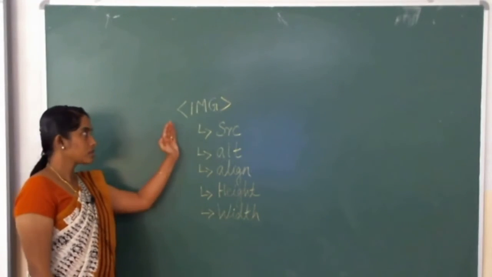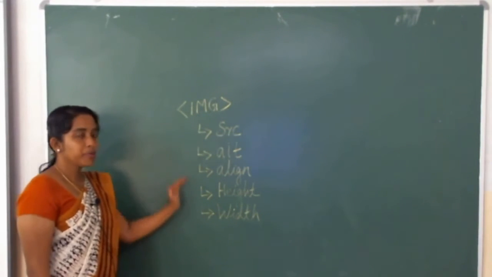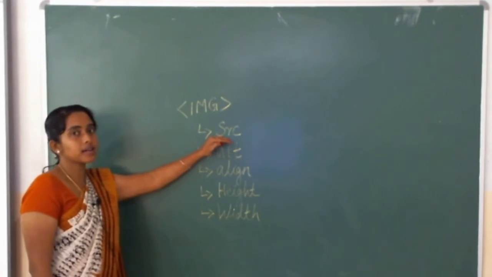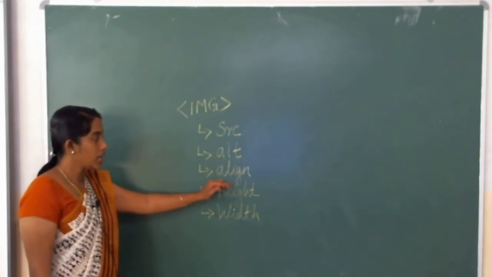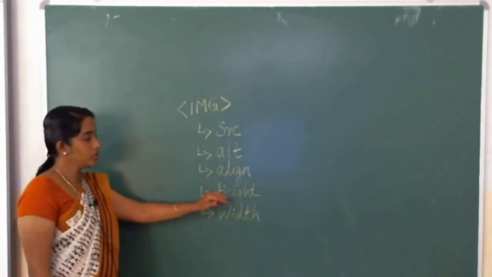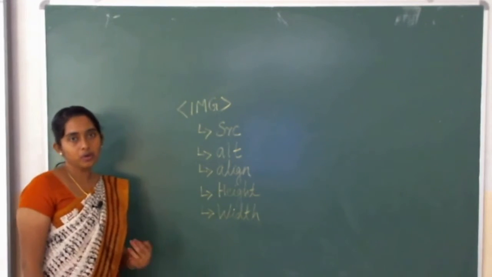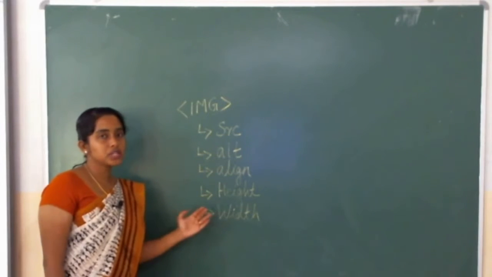So the main tag is img and the attributes related to the img tag are src, alt, align, height and width. Let's see the usage of each attribute.